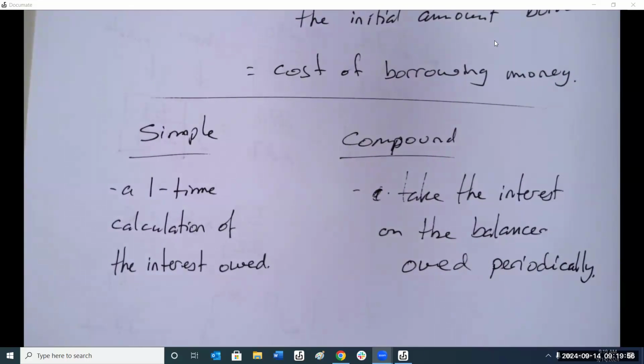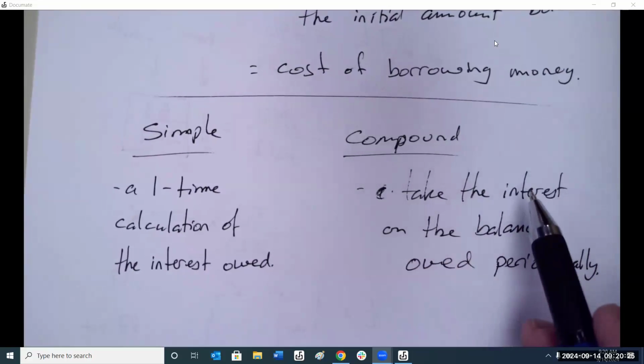By periodically, I mean whether it's daily, weekly, monthly, yearly, bi-yearly, annually or biannually. So that's why you have to read the fine print. When you borrow money, is it compounded daily, weekly, monthly, or yearly? That has a big effect on what's happening.